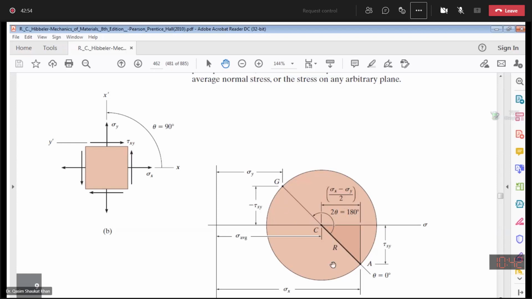Now we want to calculate the orientation of the principal planes and the shear planes. I want to calculate the magnitude of the principal stresses and the magnitude of the in-plane shear stresses. So all this I can now do step by step from this Mohr circle. So this was the first step, construction of the Mohr circle.